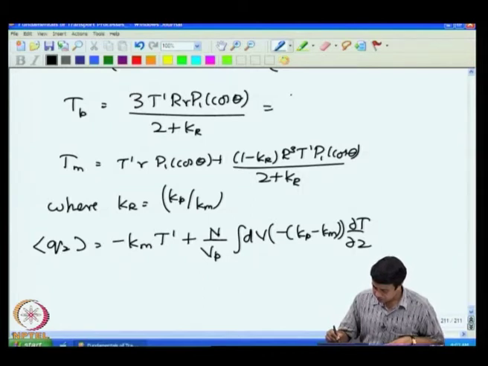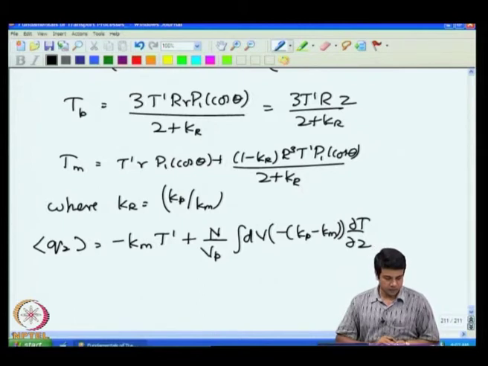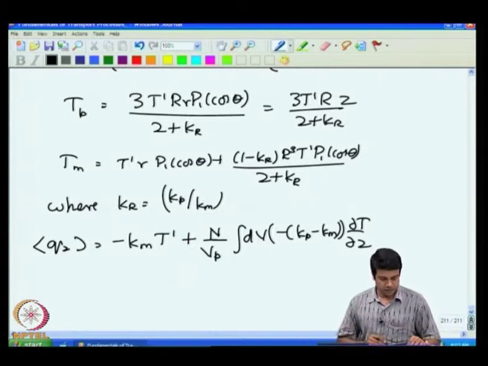For the particle, this can be written as: r into P1 of cos theta is just z itself. P1 of cos theta is cos theta itself. Therefore, r into P1 of cos theta is just z itself. Okay. So, if I just take the gradient of this with respect to z, I will finally get the temperature field.